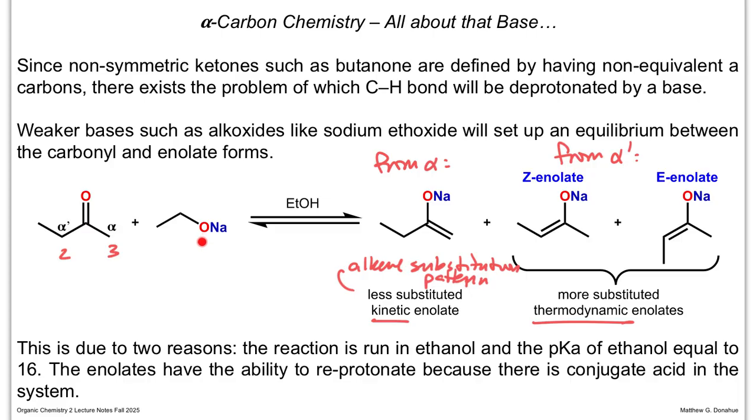So our base is sodium ethoxide. Our solvent is ethanol. So if we say that has a pKa of around 16, the ketone pKa is about 20. So it's not a terribly large difference in magnitude between pKa's. That's why we've drawn this equilibrium arrow here.